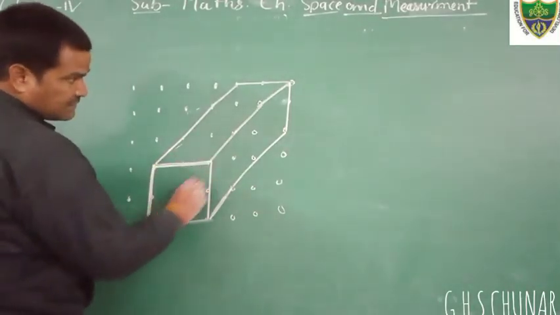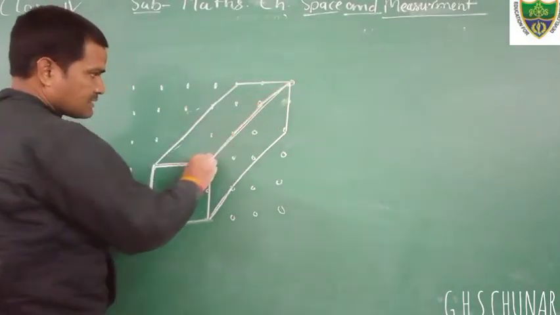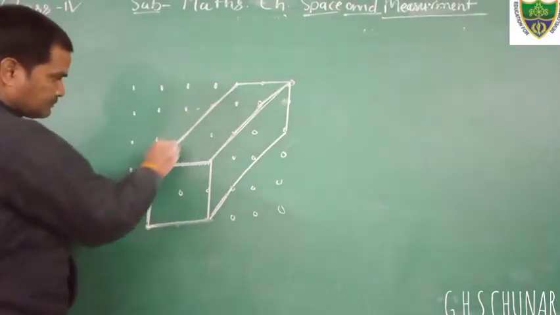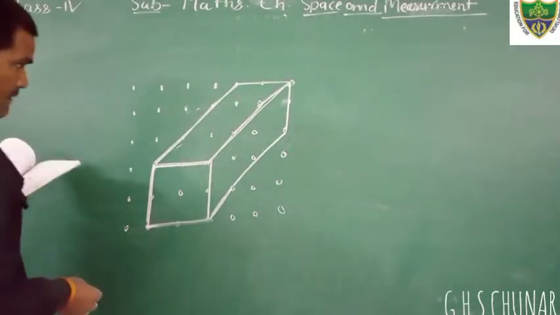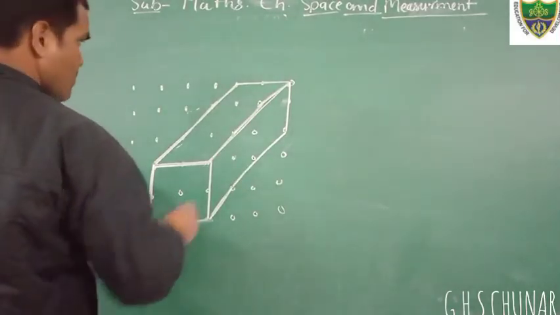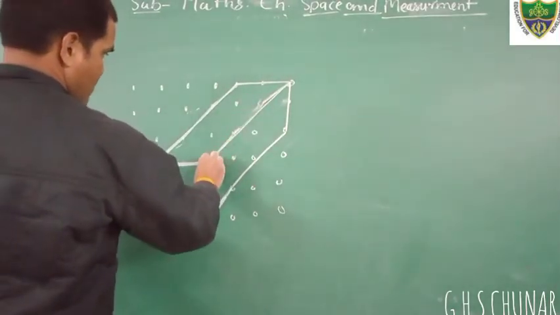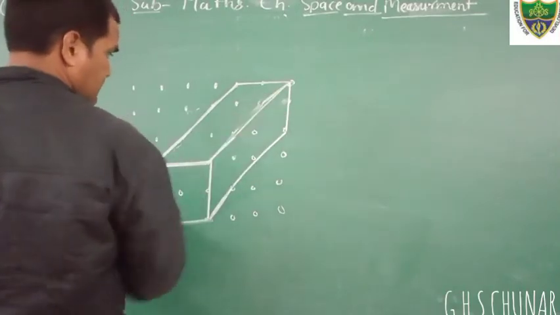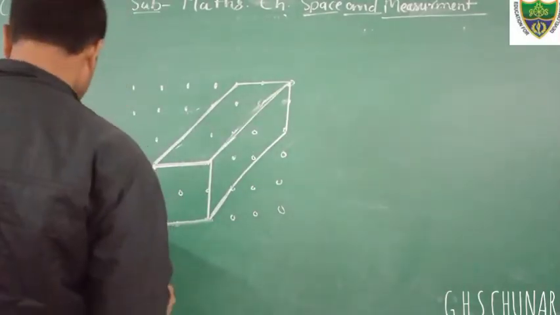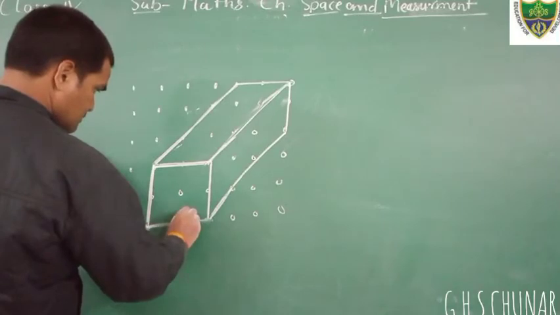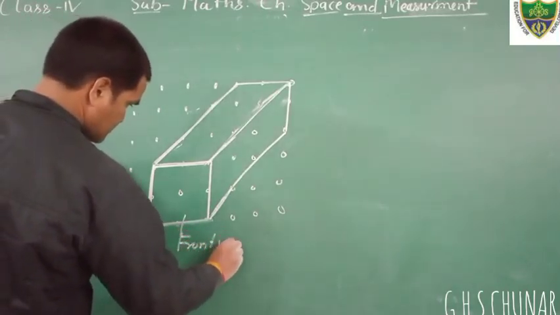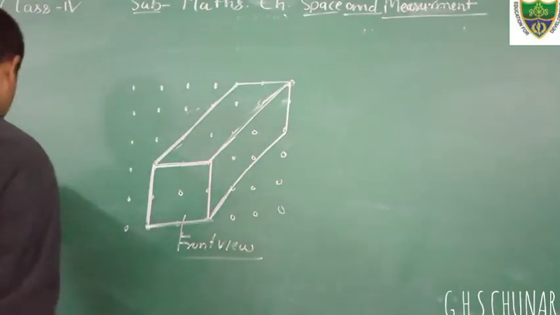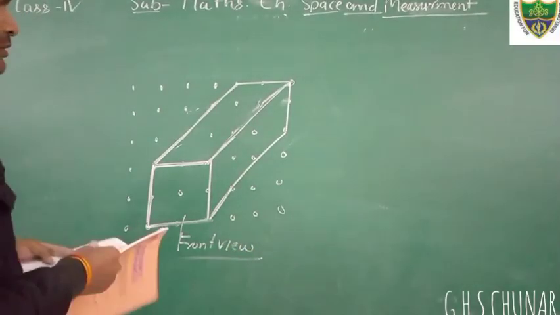If your distance is equal, then you find this equal distance. Okay? Now this is the front view. Okay, and again the corner view.